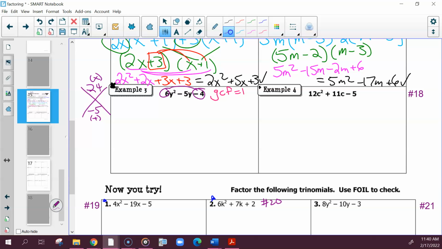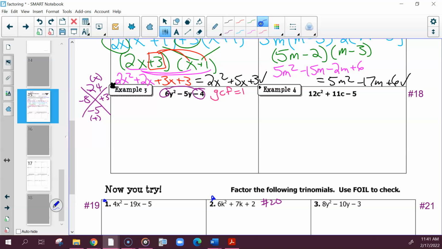What would those two numbers be? Negative 8 and positive 3 would work.